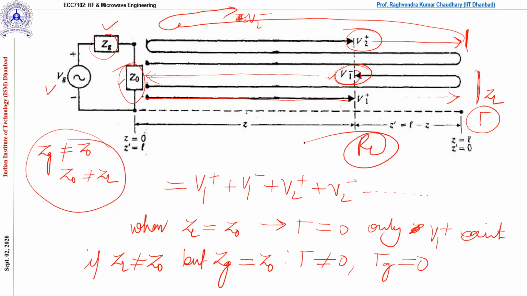We need to find it out, because here we just assumed that the wave gets reflected back. We did not talk about what kind of load we used. In our coming classes we'll see different loads. This is the complete circuit we need to analyze: a source, a transmission line, and at the end of the transmission line a load, which is capacitive or inductive.